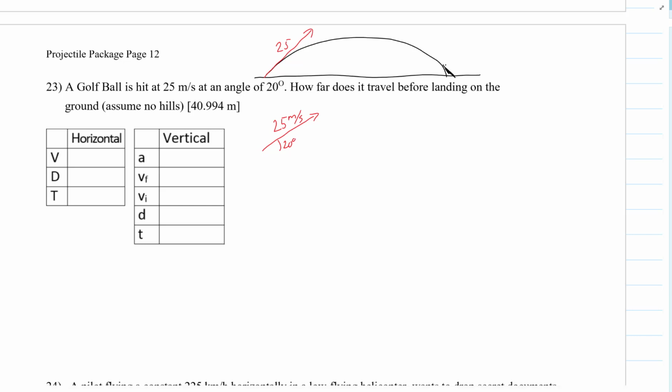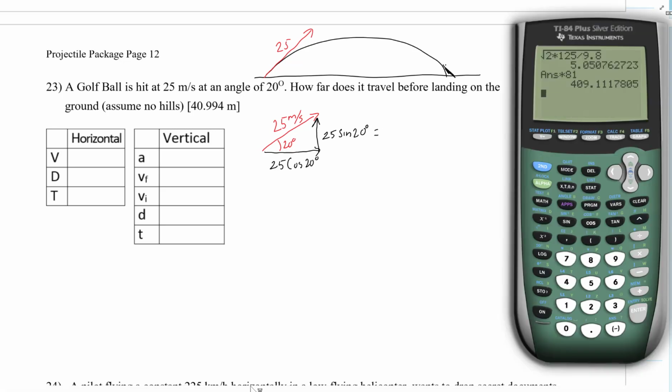So what we're looking for is the vertical component and the horizontal component. Using your trig, this is 25 sine 20, and this will be 25 cosine 20. Okay, pulling up Mr. Calculator, and let's try that out.